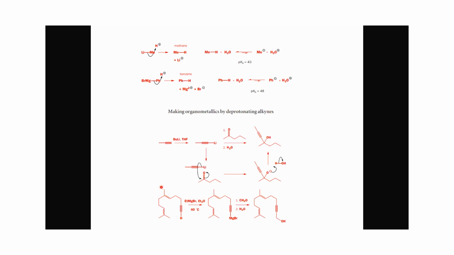Now we want to discuss organometallics as a base. These organometallics should be kept absolutely free of moisture. Even if there is some moisture in the air itself, it will destroy them, because they react very rapidly and highly exothermically with water and form alkanes.